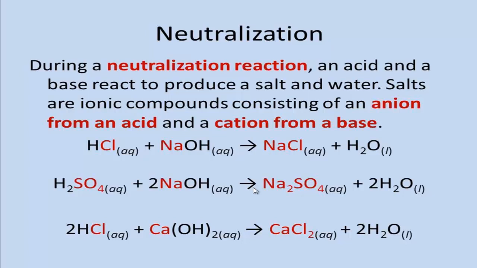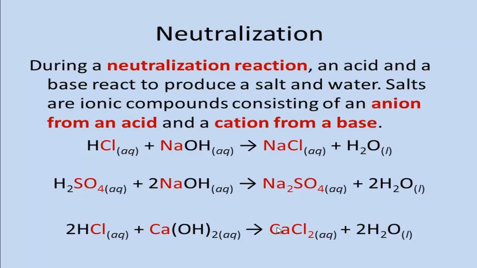During a neutralization reaction, an acid and a base react to produce a salt and water. So neutralization reaction is the reaction of acid and base where salt and water are produced. These reactions are known as neutralization reactions. You have read this in types of reaction in chapter 7.